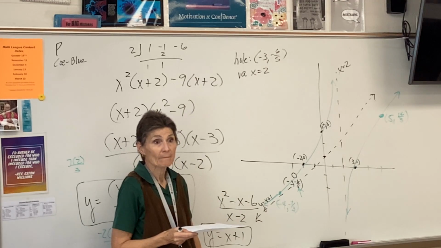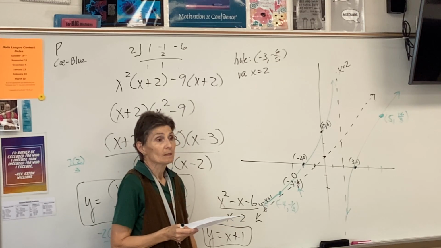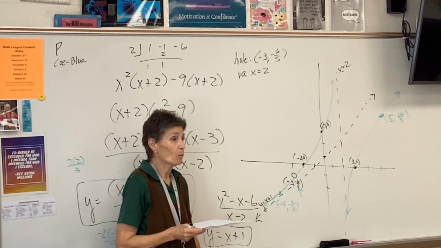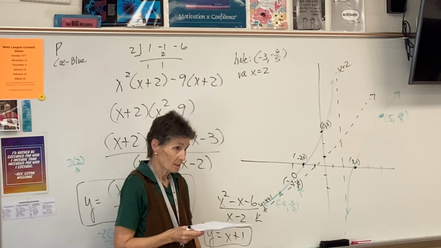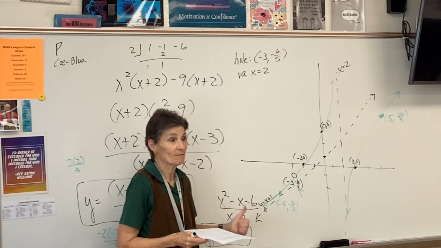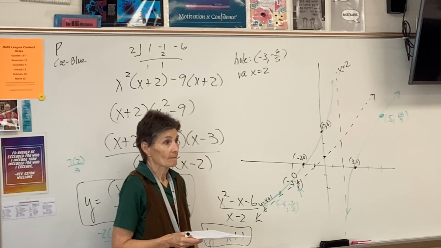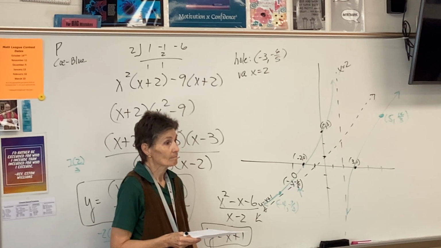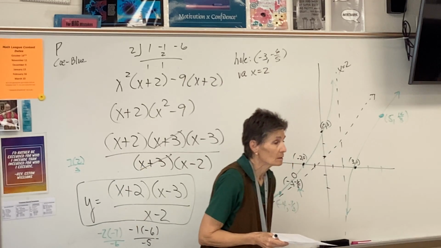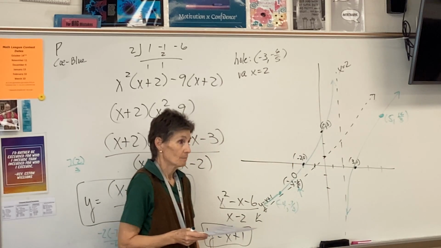What does EBA stand for? End behavior asymptote. I've got to be careful, because I don't want to say horizontal asymptote, because obviously this one doesn't have one. So we call them end behavior asymptotes. Do you want us to specify whether it's slant or horizontal?